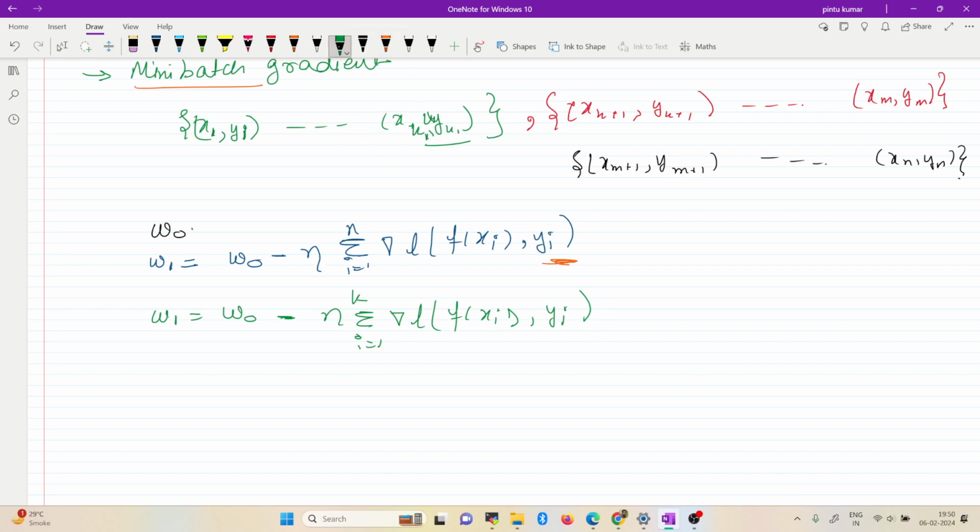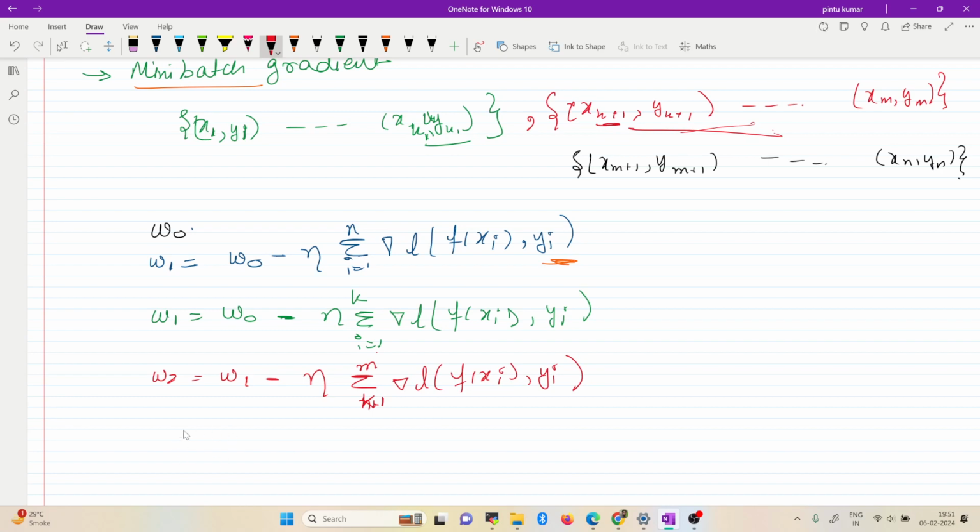Now for the next update, you will do w2 equals w1 minus eta times the summation, which would not be from 1 but from k plus 1 to m points. So the next batch comes into the picture, and then the gradient.